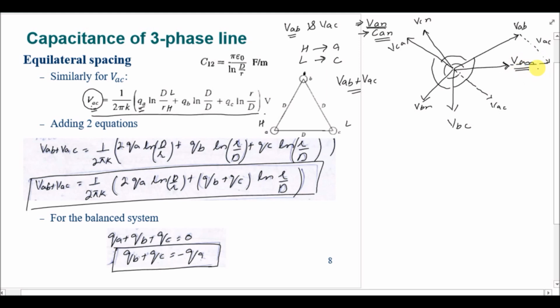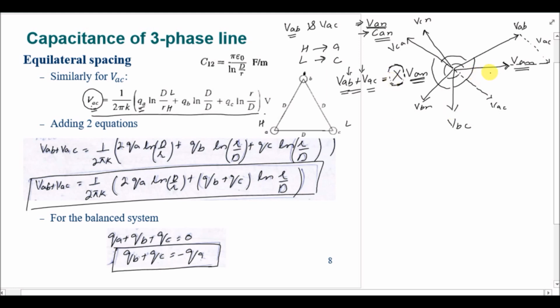So there should be a multiplying factor with VAN, for example, I am saying this is X VAN. We don't know what is the numerical value here, right? So to calculate the VAN, we will add VAB and VAC, which are the line to line voltages, and that will give you the value of VAN. And we have to find this magnitude value, this X, what is the numerical value here.